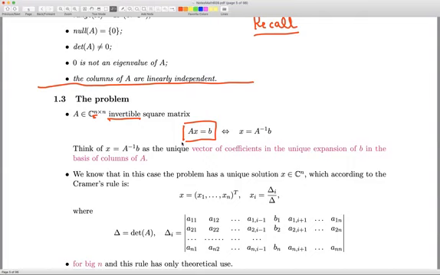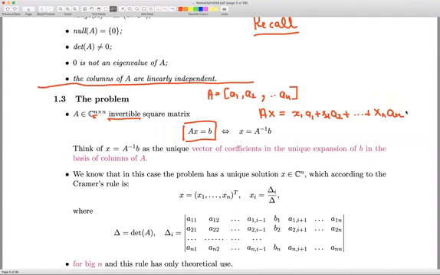In this particular case, as we discussed, if we look at the columns of the matrix A, A1, A2, and so on up to An, then A times x is the number x1 multiplied by the first column, plus the number x2 multiplied by the second column, and so on, plus the number xn multiplied by the last column.